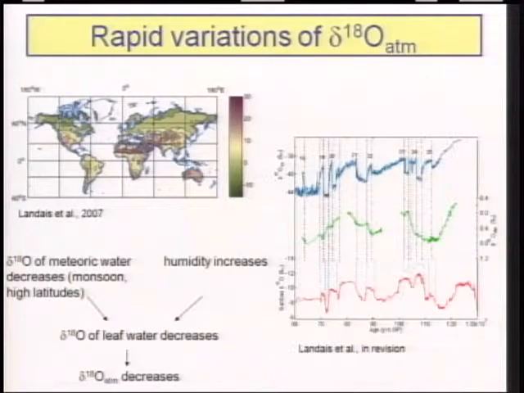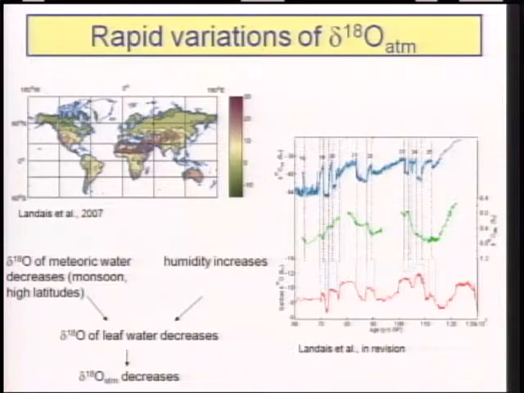And we think that this decrease of atmospheric delta weighting has two causes. So first, there is, during those periods, a big change in the low latitude hydrological cycle. So, for example, it has been shown a lot during this conference from speleothem data.